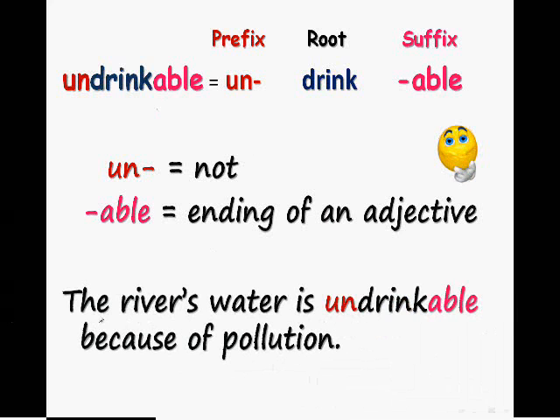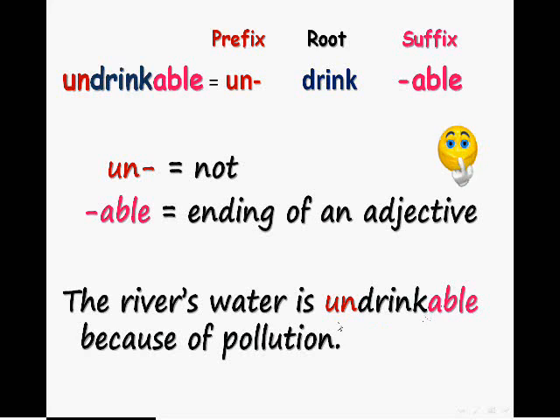So the sentence is going to be, the river's water is undrinkable because of pollution. It means that nobody can drink this water because, of course, of pollution. So undrinkable. And here the main verb is, of course, not drink anymore. But because I have the root drink, then I mean that it has to do with drinking.